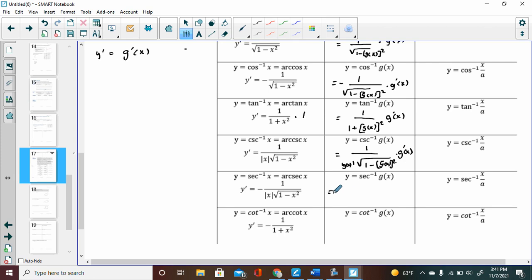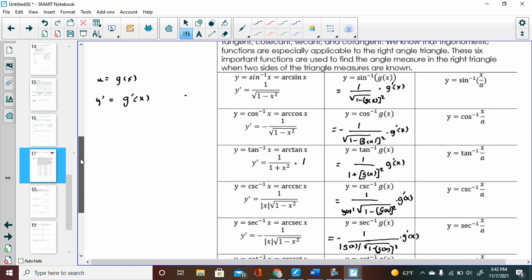Similarly here, this equals negative absolute value of g of x, 1 over the square root of 1 minus g of x, and of course it's squared, times g prime of x. And of course you could put this in the numerator each time, as I'm going to do in the last one. So I'll say g prime of x over 1 plus g of x, and if you notice, hard brackets once again, squared.